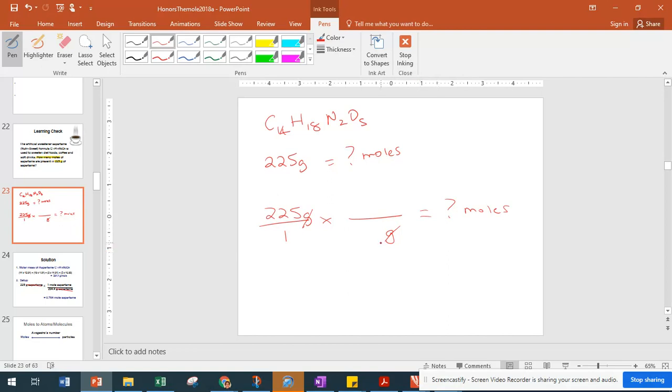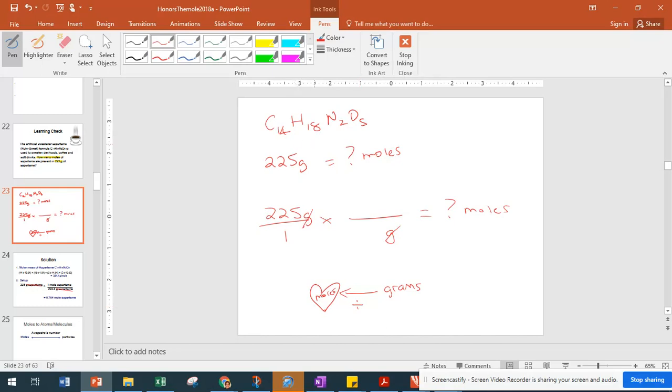If we were using the heart, we can also think about what we're starting with. Remember over here is grams, and we're going towards the heart, so we're dividing in this case by molar mass. So now what we have to do is calculate the molar mass of this compound.